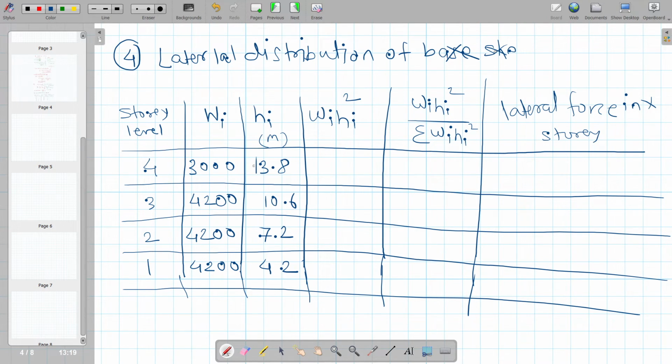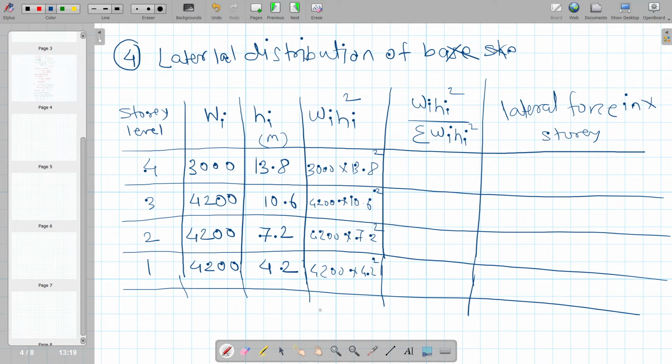Here, wi hi square means 3000 multiplied by 13.8 square. Similarly here 4200 multiplied by 10.6 square, 4200 multiplied by 7.2 square, 4200 multiplied by 4.2 square.